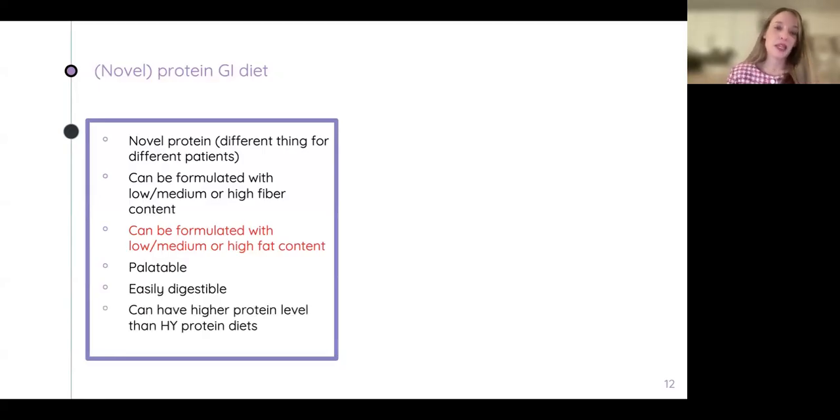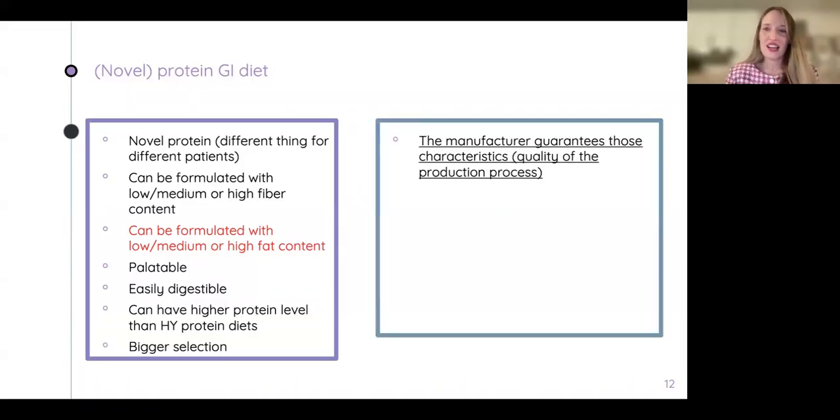Something that we sometimes would prefer in those diets, and it's a good thing, especially in protein-losing enteropathy, or if the dog has lost a lot of weight due to the problem being at the small intestine level, is to have a bit more protein in the diet. Normally those gastrointestinal diets would have a higher level of proteins compared to hydrolyzed protein diets, and you would have a bigger selection on the market.